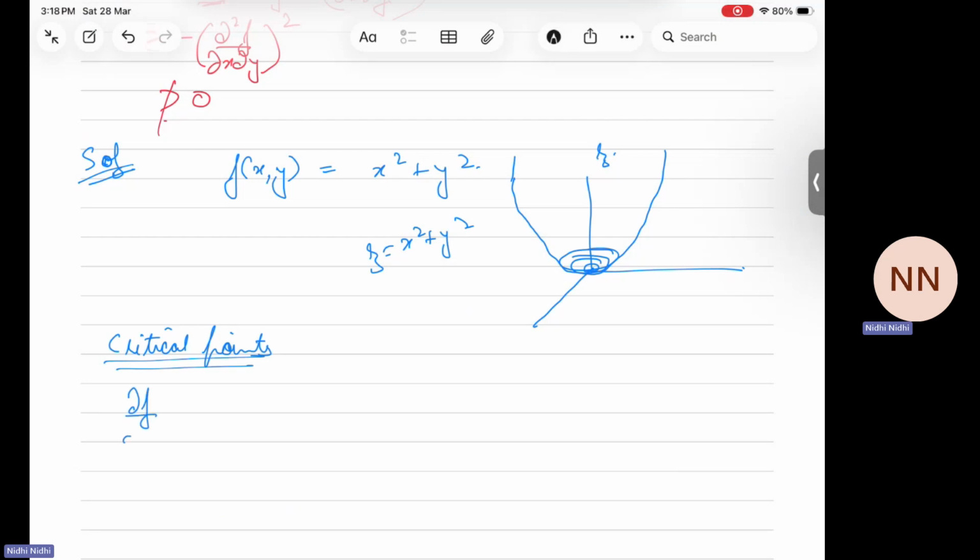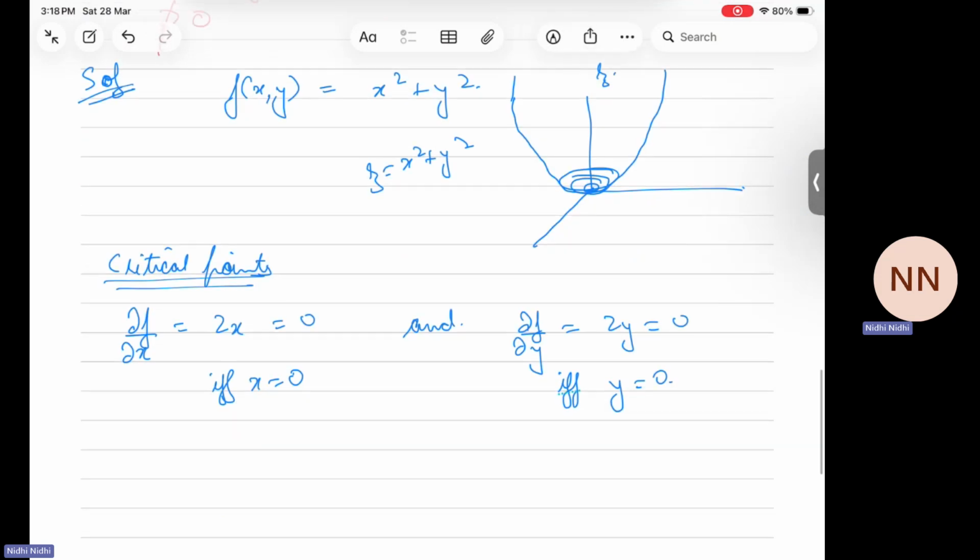So del f by del x is 2x and this is 0 if and only if x is equal to 0. Simultaneously, we should get del f by del y equals to 0 and this happens if and only if y equals to 0. Therefore, both the conditions hold simultaneously only at the point (0, 0). Therefore, we have just one critical point, the origin.